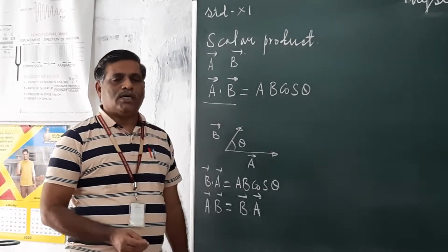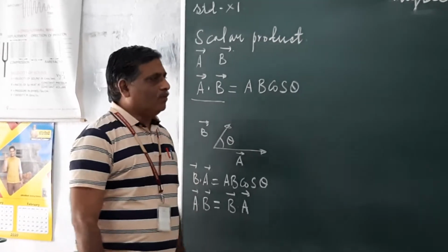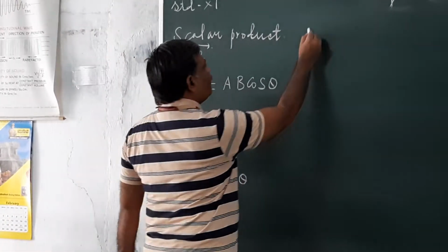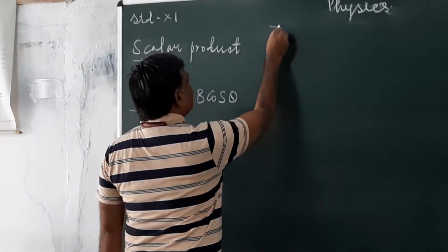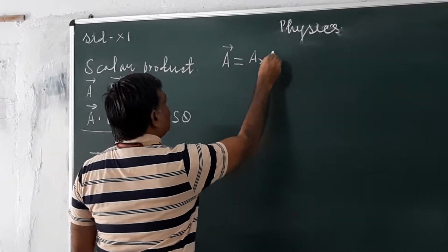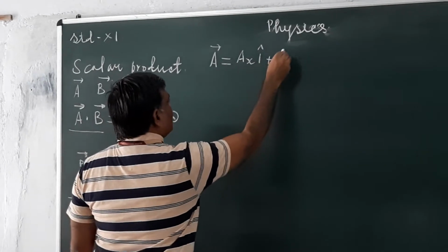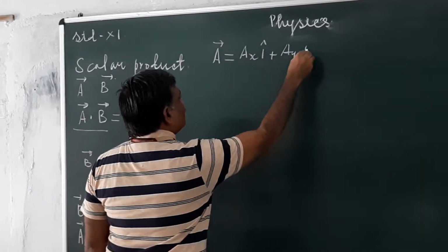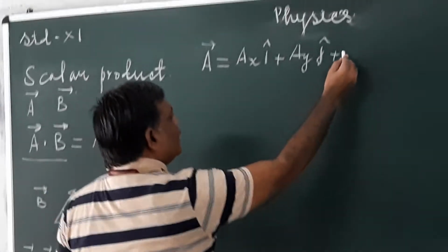It is also associative. Now let us consider two vectors. Vector A is represented by AX i plus AY j plus AZ k.